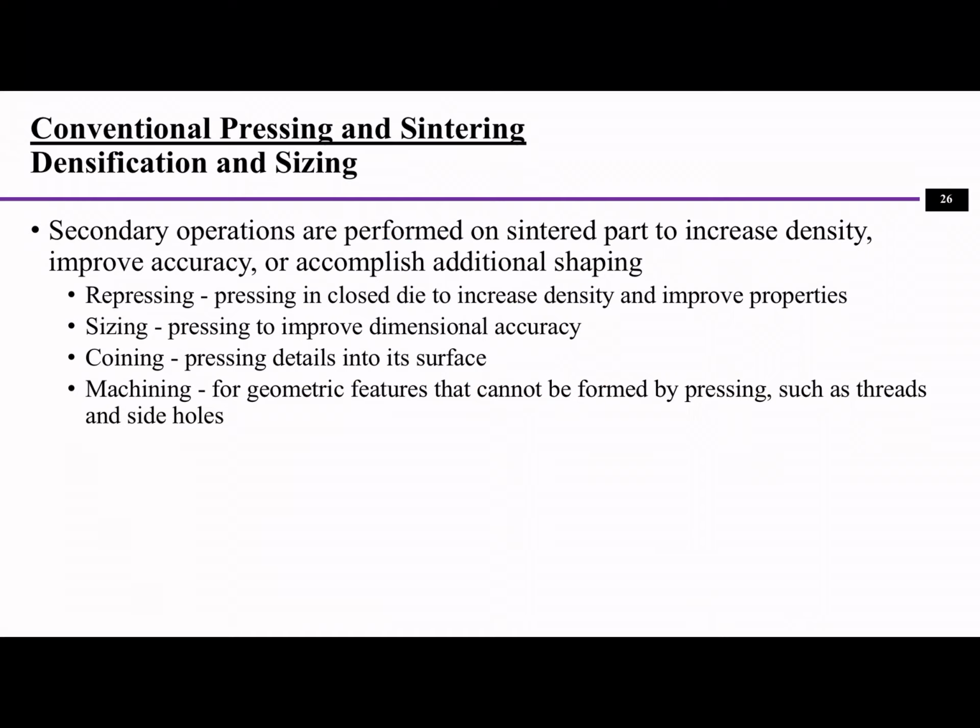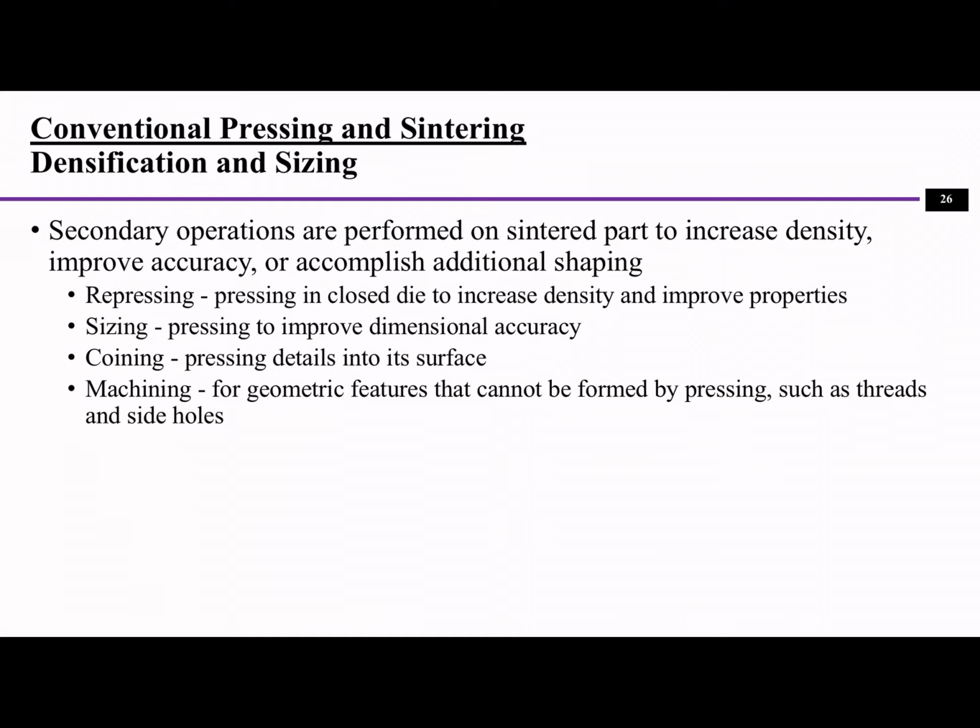Some secondary operations are also performed on the sintered part to increase density, improve accuracy, and accomplish additional shaping. Those can be repressing: repressing it in a closed die to increase density and improve properties, for example strength. And also sizing, to make sure the product has good dimensional accuracy.